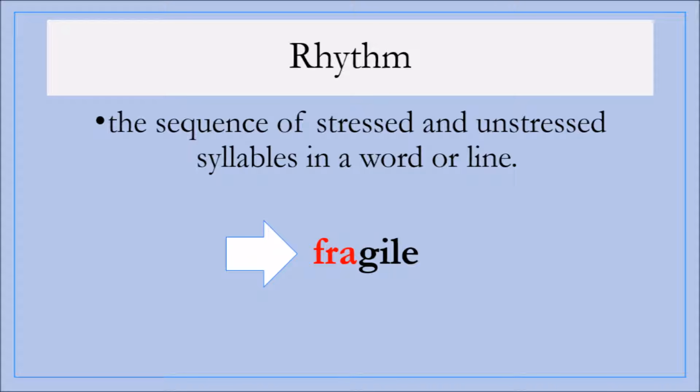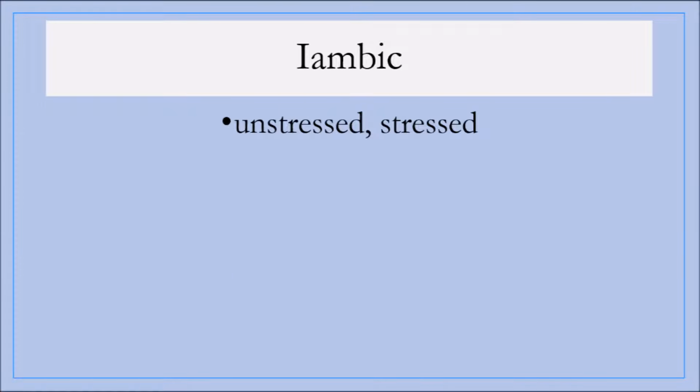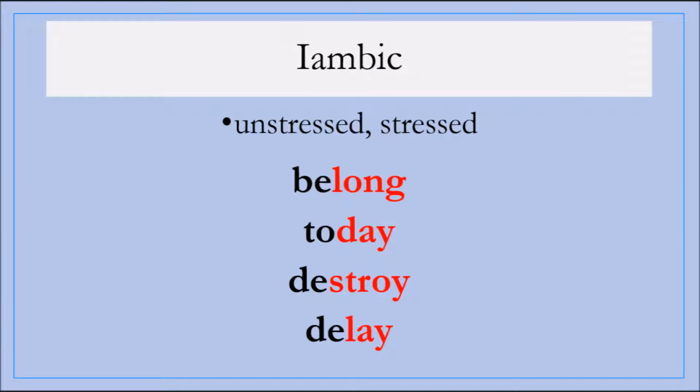Let's look then at the two ways we classify rhythm, these sequences of stressed and unstressed syllables. An iambic foot, simply meaning the sequence, is an unstressed syllable followed by a stressed syllable, just like belong, today, destroy, delay, we stress the second syllable.